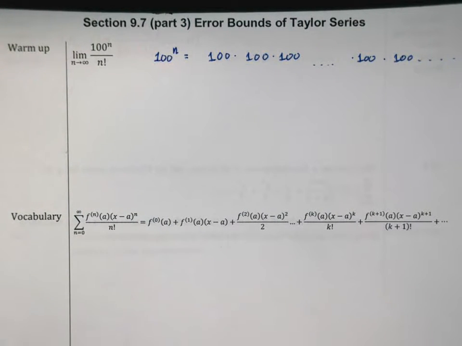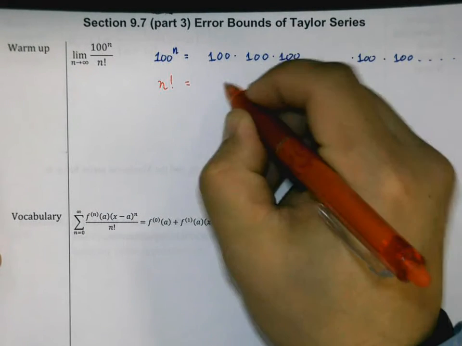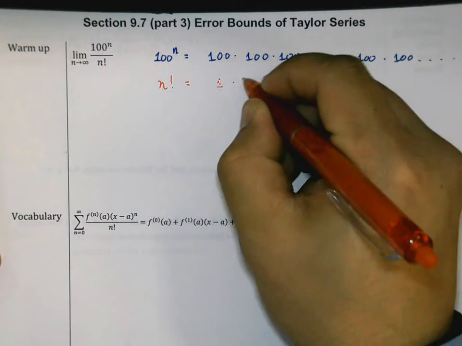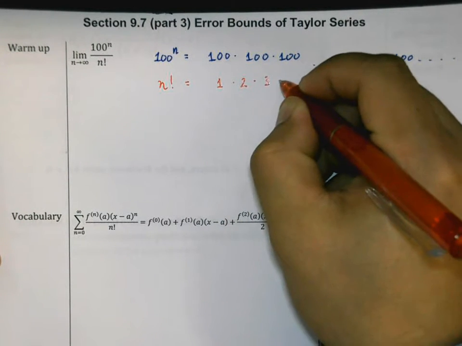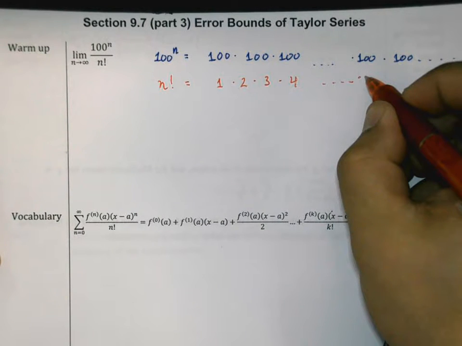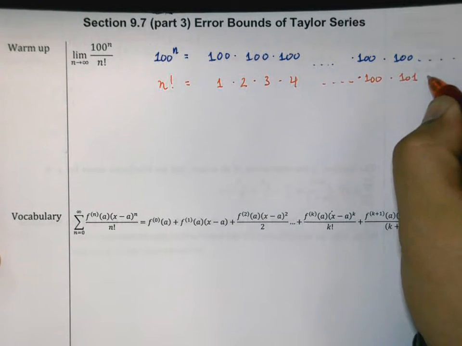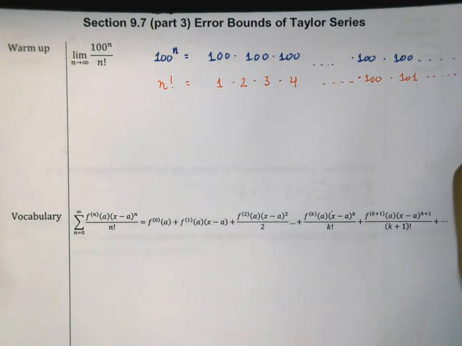Now let's compare that to n factorial. N factorial is 1 times 2 times 3 times 4, dot, dot, dot. Eventually we'll get to 100, and then we'll get 101 onwards until however large the value of n is.